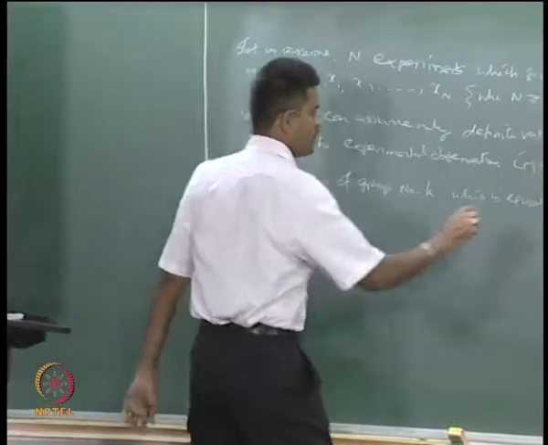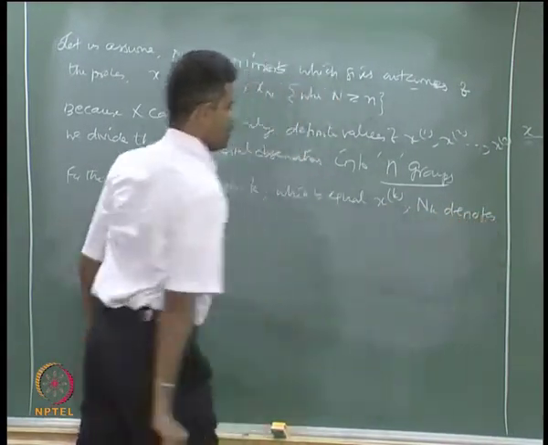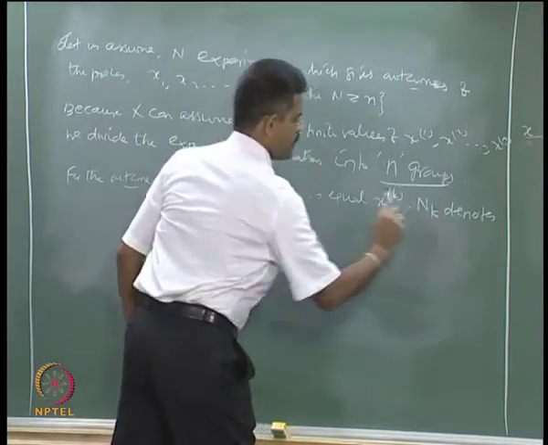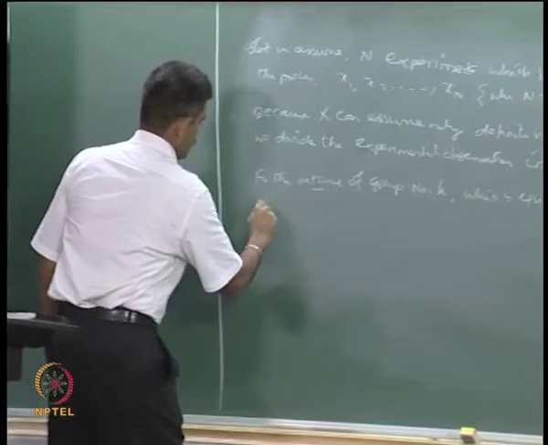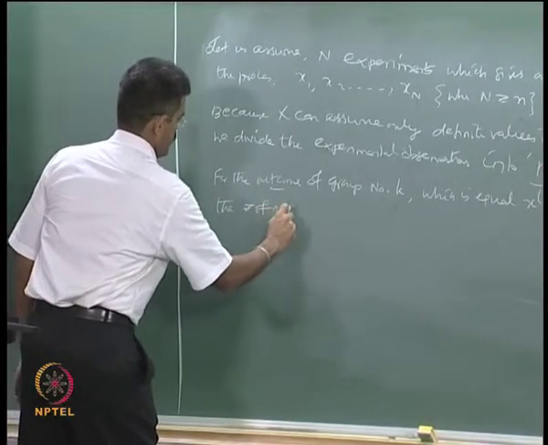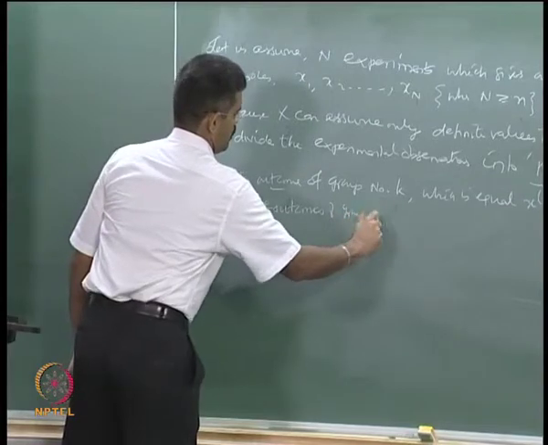And Nk denotes the number of outcomes of group k.